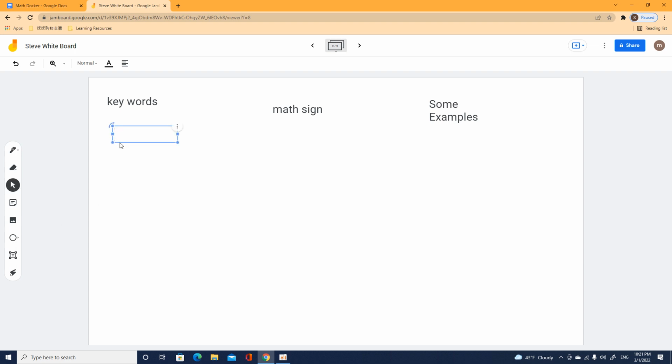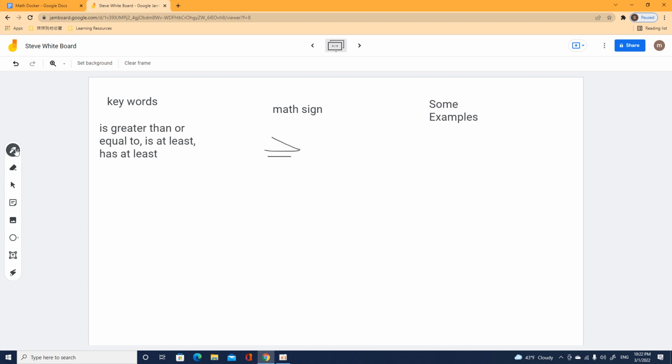Now we talk about some keywords about the greater or equal sign, such as is greater than or equal to, is at least, has at least. When you see those kind of keywords, you should think about the greater or equal sign. And I also give you an example.